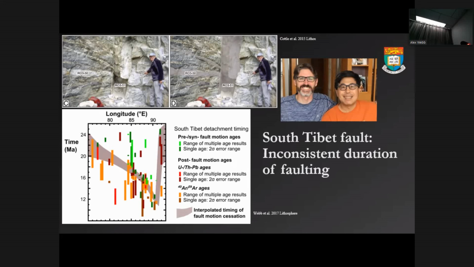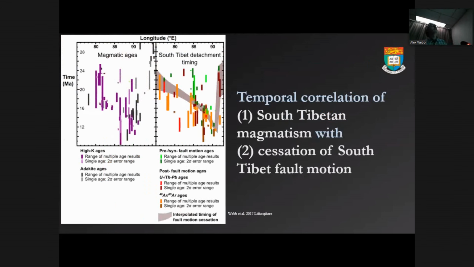And we also see this in some other data. We see similar patterns. So for instance, the magmatic ages in South Tibet, there are high potassium and ultrapotassic rocks in South Tibet. And their crystallization ages are showing the same pattern of younging to the east central Himalaya. So again, this is west, center, east.